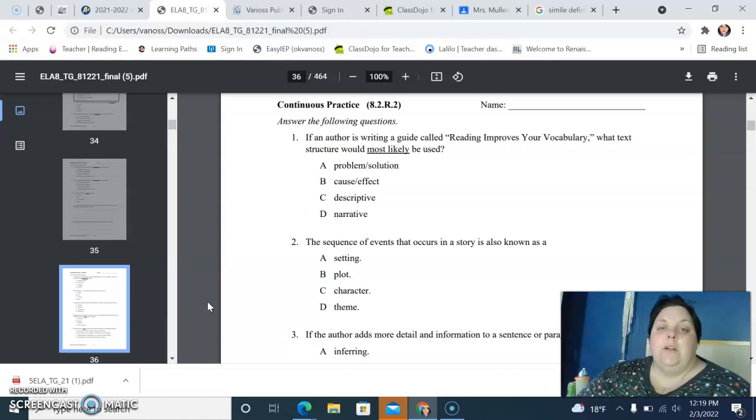1. If an author is writing a guide called Reading Improves Your Vocabulary, what text structure would most likely be used? I want to say we just used this in the lesson, either this week or the week before.